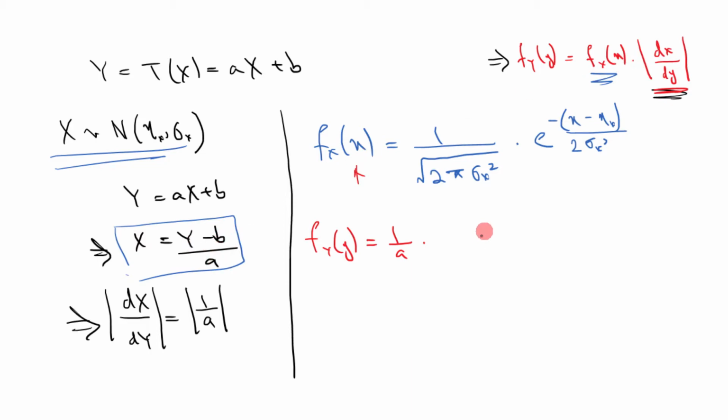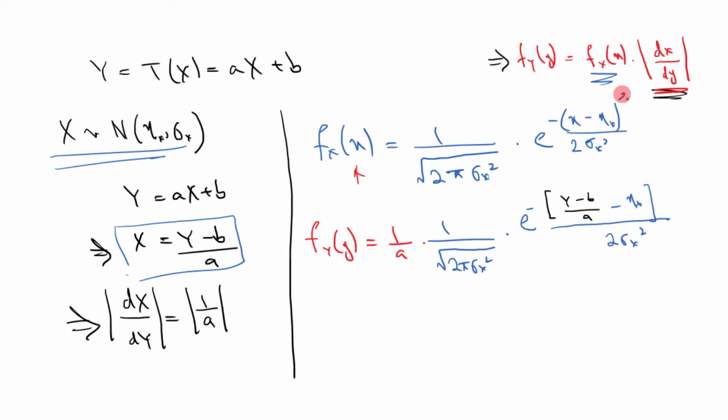So what we will have is 1 over under root 2 pi sigma x square into e raised to power minus y minus b over a minus average, over 2 sigma x square, and this is whole square.